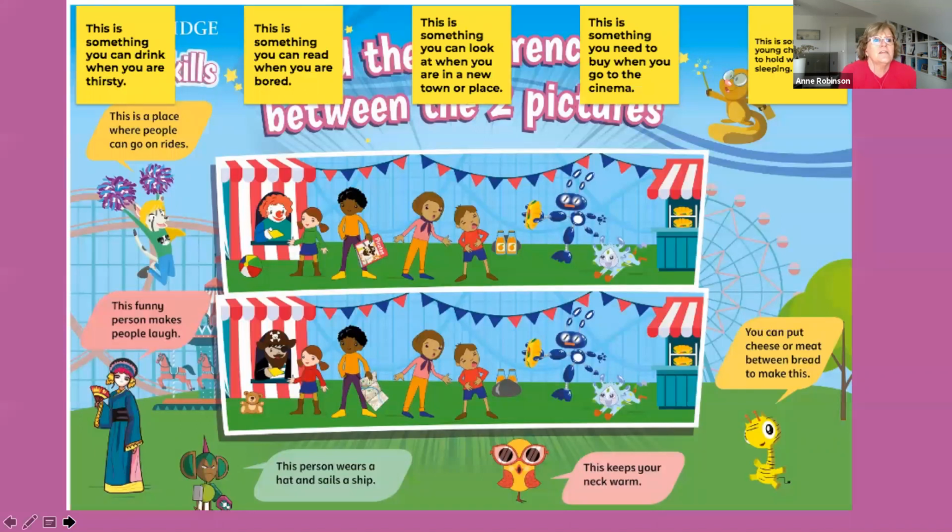So, this is something you can drink when you're thirsty. What can you see in the picture that matches that definition? Yes, juice. And can you see the juice in both pictures? Yes, Grace. Is the juice in the same place in both pictures?